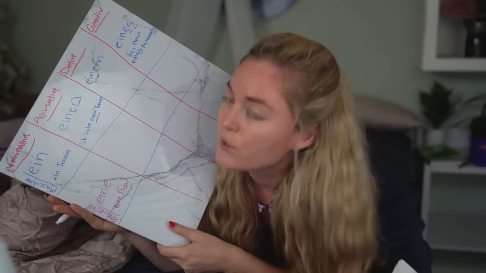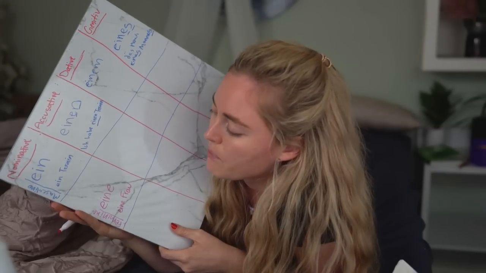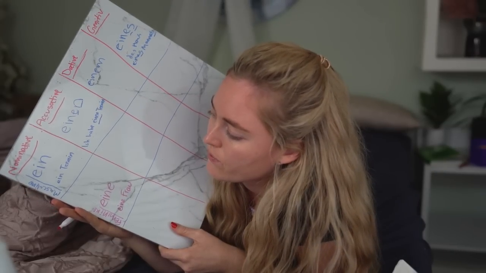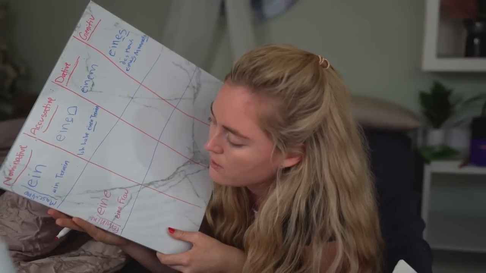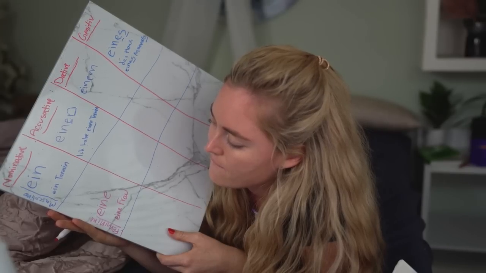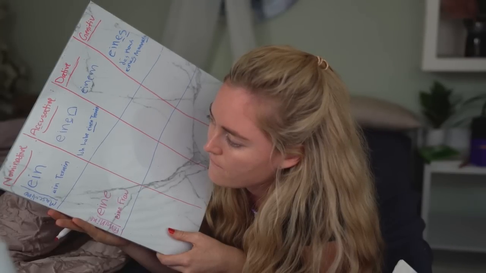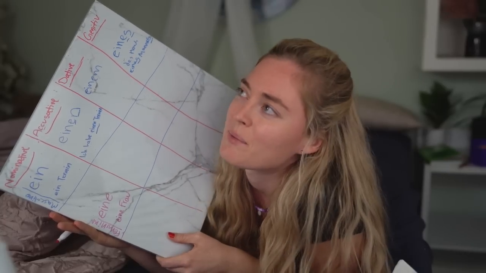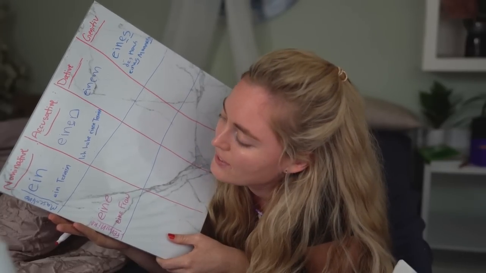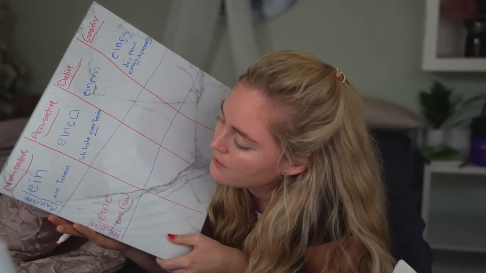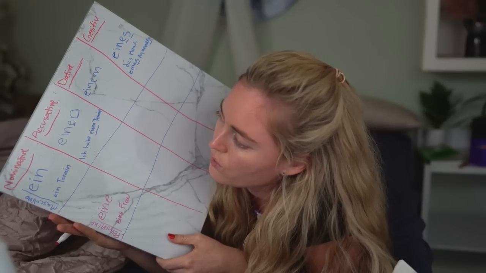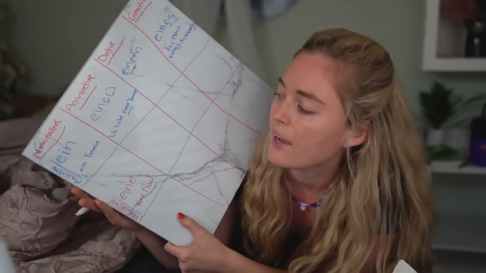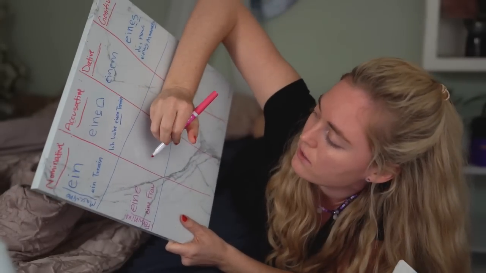And then feminine accusative is, hold on, let me see if I'm making a mistake here. Eine, feminine accusative. Okay, I think it's eine, because usually it never changes in accusative.